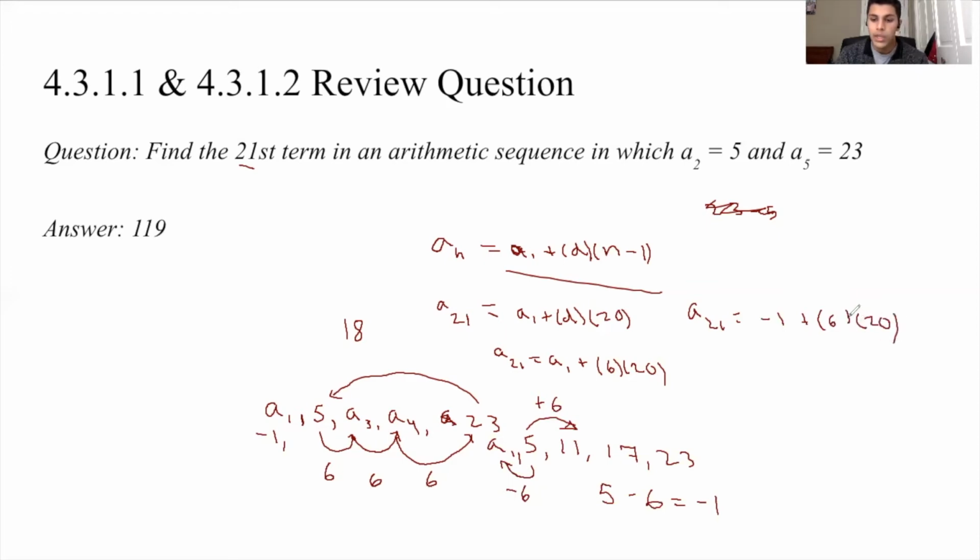All right, and now we can evaluate our equation because we know all these values. So A21 is going to be equal to -1 plus 120 because 6 times 20 is 120. And then if you add -1 and 120, that gets you 119. So 119 as our final answer.